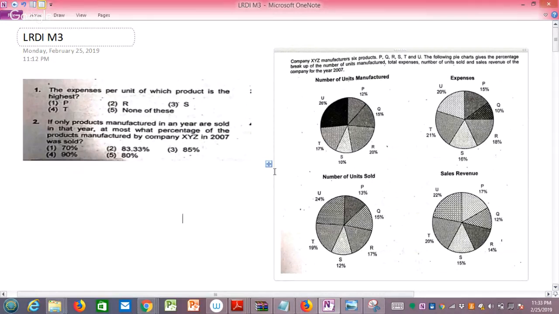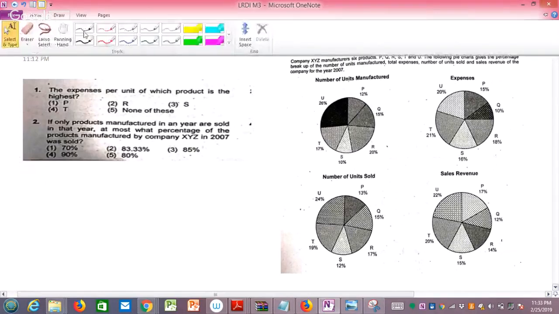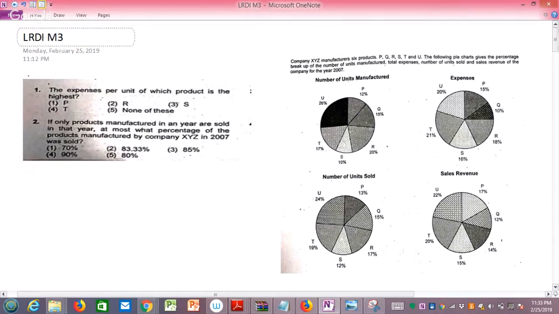So the first question is related to expense per unit, and you have to find out for which company the expense per unit is highest.